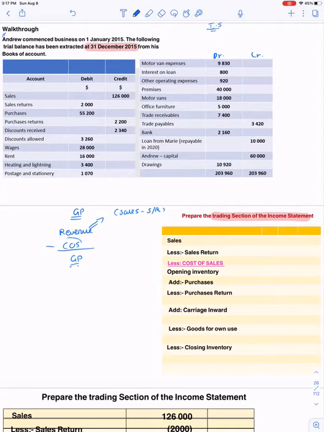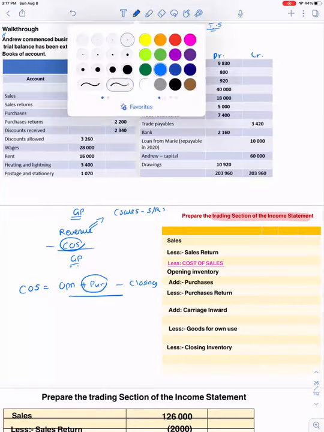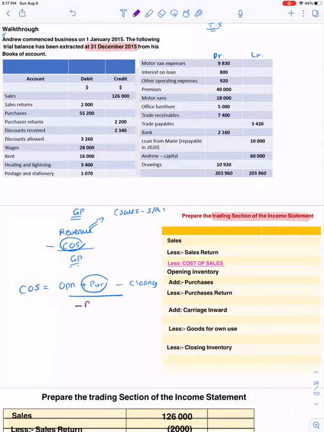When we talk about cost of sales, our cost of sales is nothing but opening inventory and purchases minus closing inventory. And in the purchases, we would subtract the purchase return, add the carriage inward, and subtract the goods for own use.